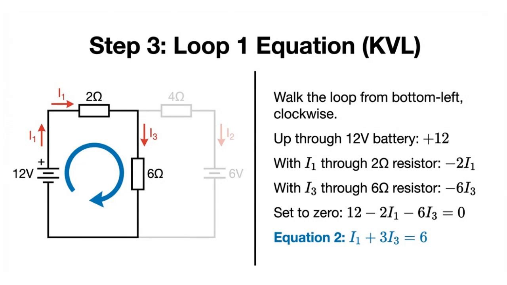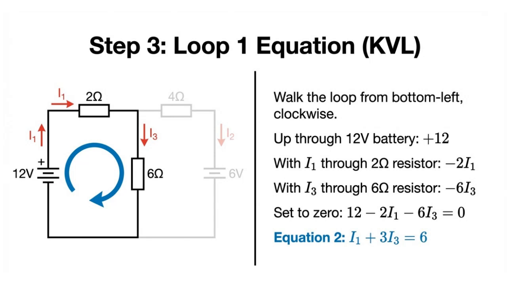Now, let's focus on writing the equation for loop 1 using Kirchhoff's voltage law. We start at the bottom left corner and move clockwise around the loop. First, we go up through the 12-volt battery, which adds 12 volts to the sum. Next, the current I1 passes through the 2 ohm resistor, causing a voltage drop of 2 times I1, which we subtract.